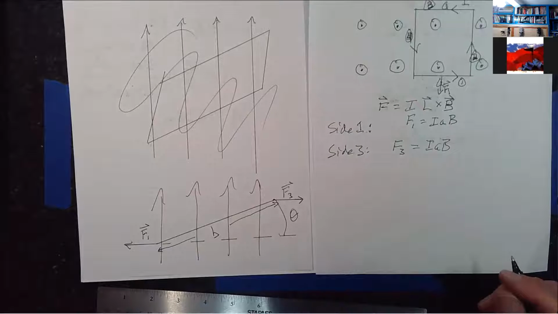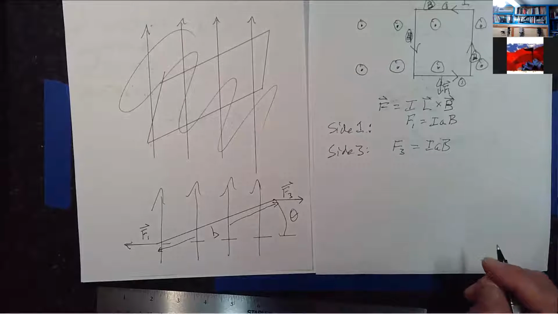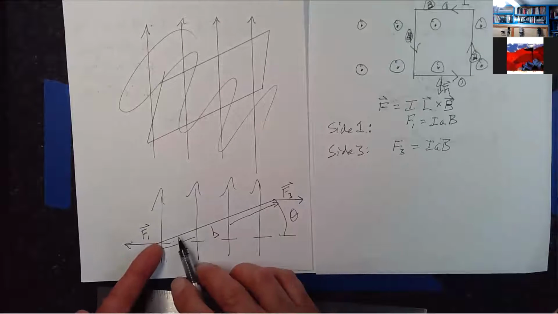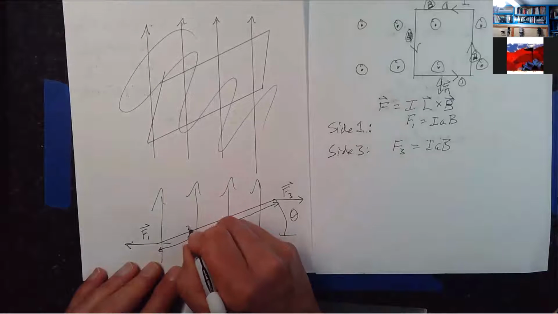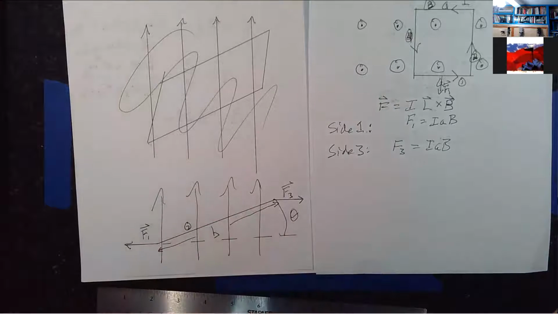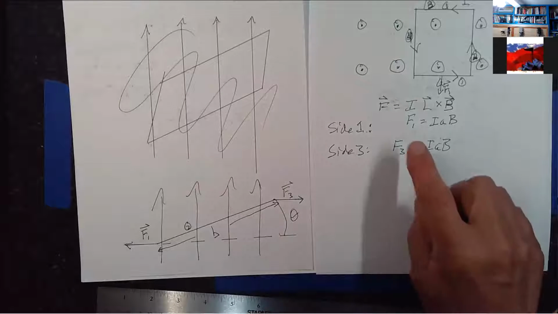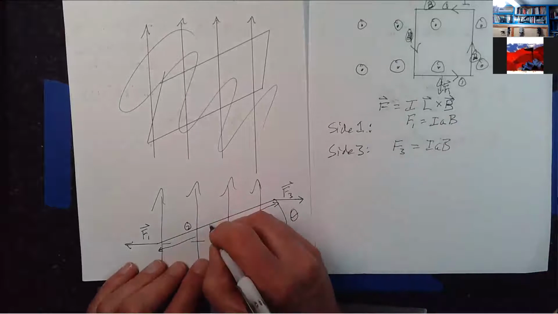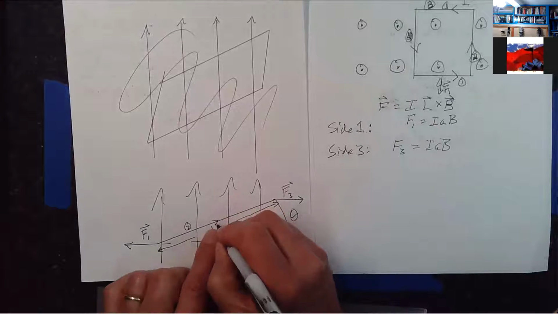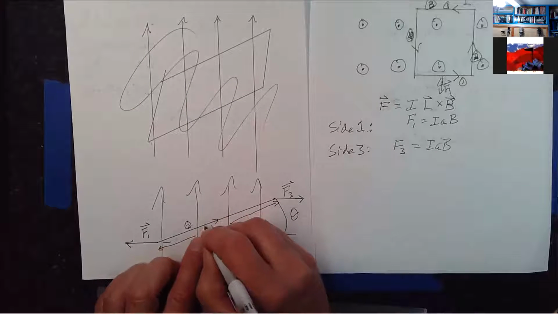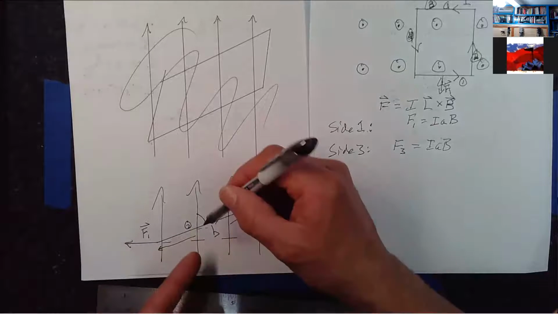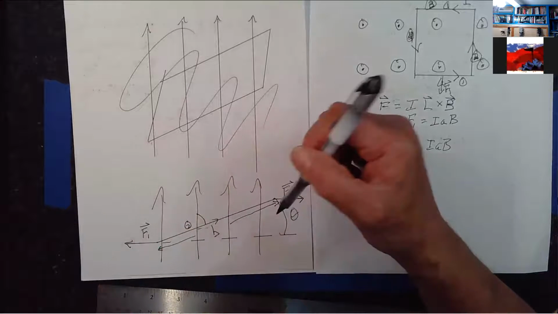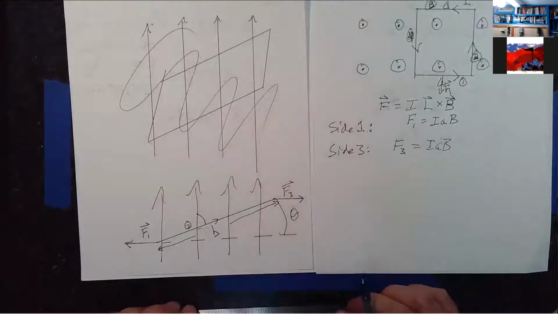Okay, well, what about if I imagine that here I'm looking at side 2. So here's side 2. The force on it is, remember, it's IL cross B. So this is the direction of IL here. That's the current flow. And there will be an angle here, which is equal to 180 minus theta between those things.